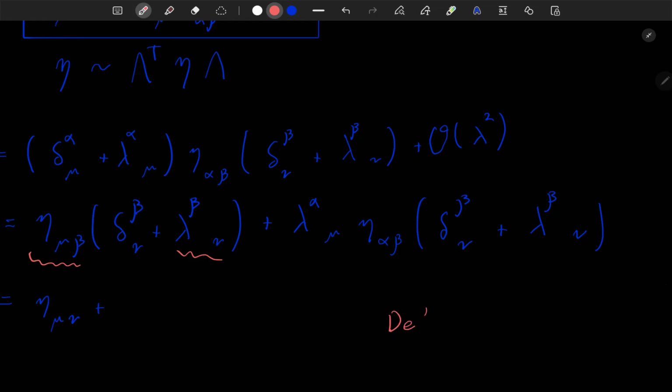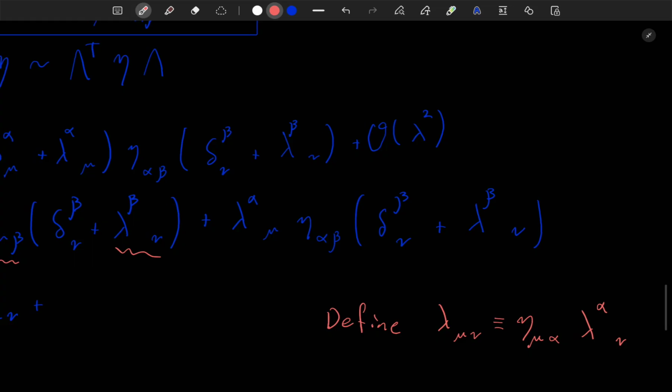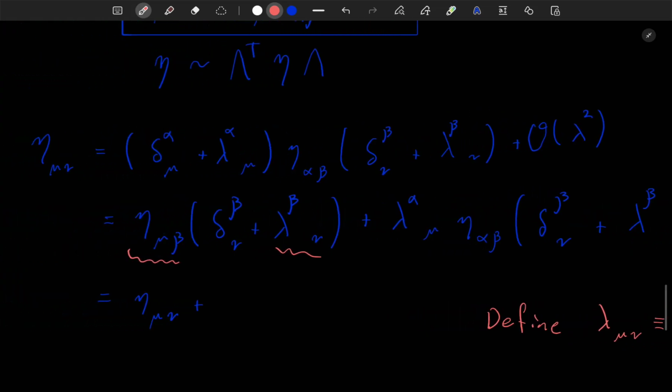So let's say define this as the usual lowering scheme. Yeah, so it's just the usual way of lowering indices. That's what we're going to define this symbol by.